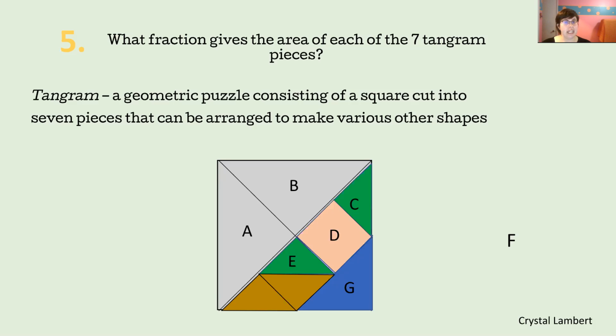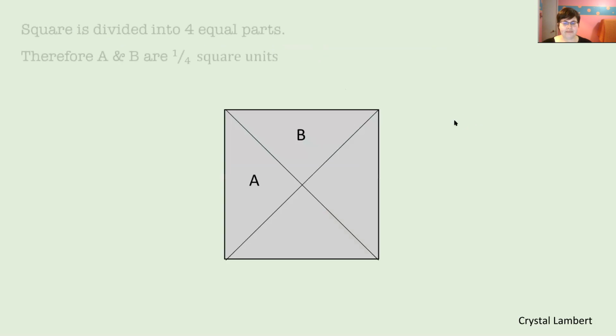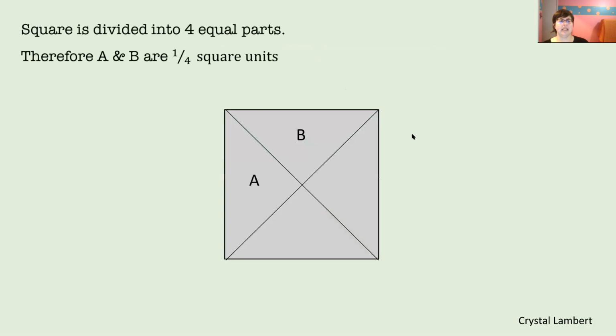This is fun, and actually your kids have probably done this. If you're a student, you've done this, beginning even in kindergarten. We make lots of shapes and characters using our different shapes. So now we're going to figure out the area. So first off, we start off with this square, and this square is divided into 4 equal parts.